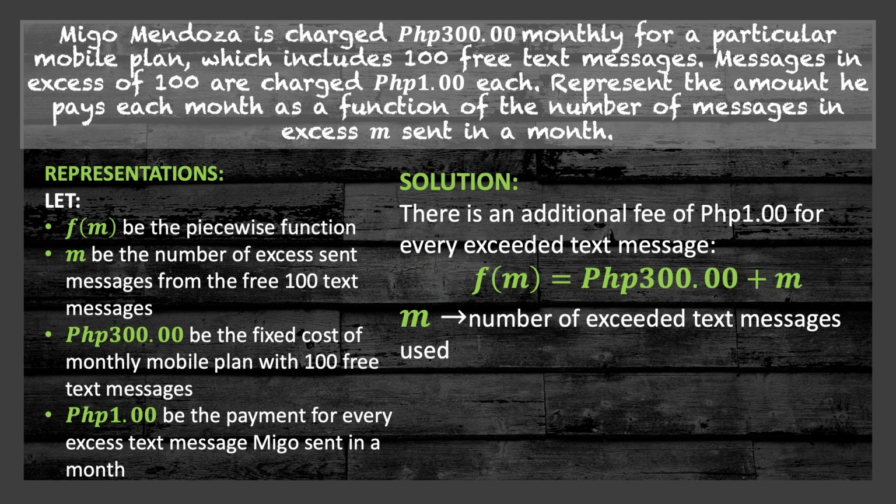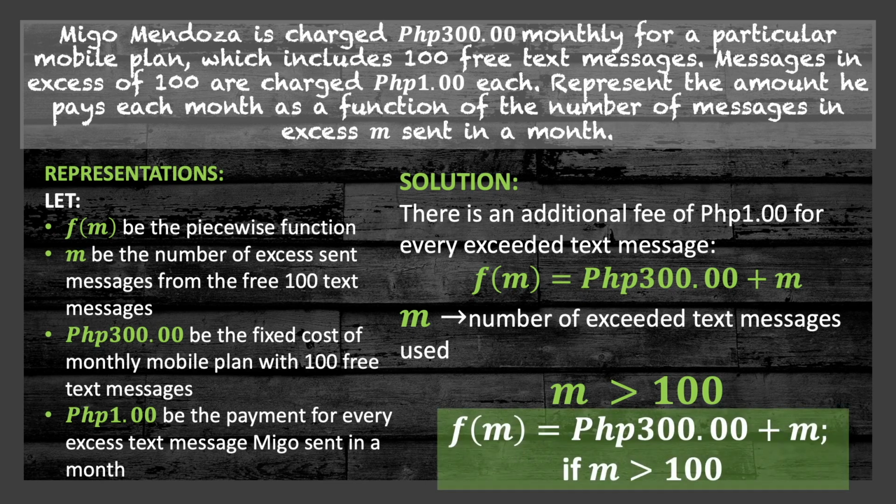Since this subfunction represents the amount Migo pays for the mobile plan that exceeds the 100 free text messages in a month, the interval of the subdomain is m is greater than 100. Therefore, the second subfunction is f of m equals 300 pesos plus m if m is greater than 100.